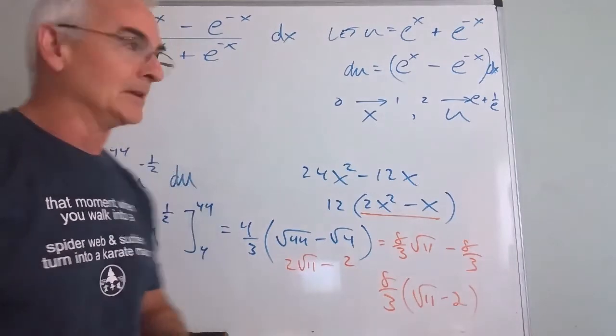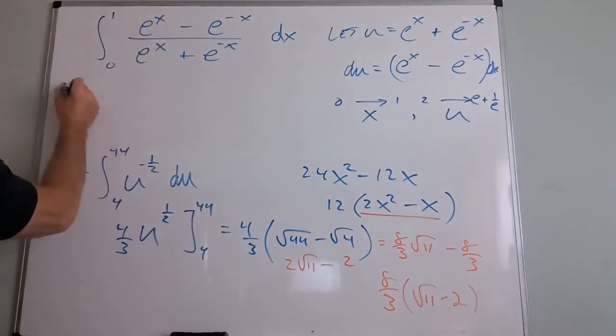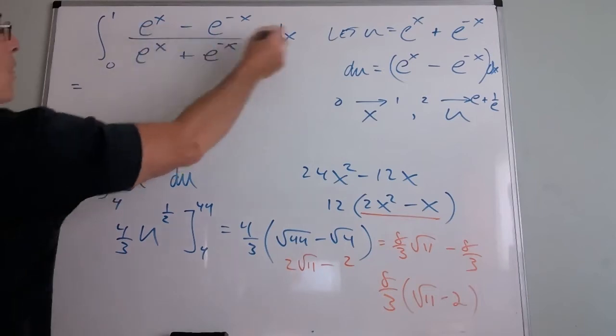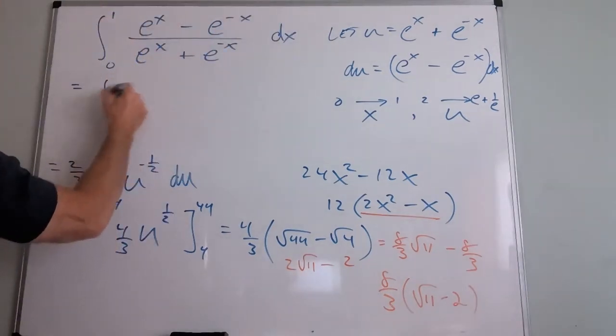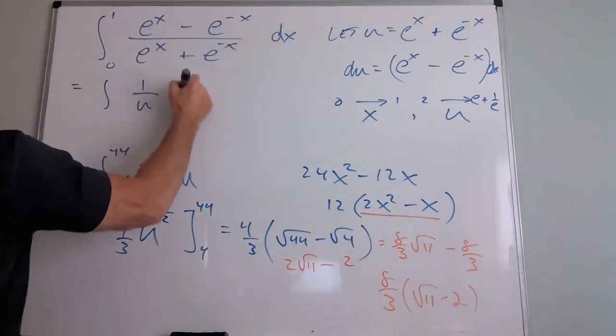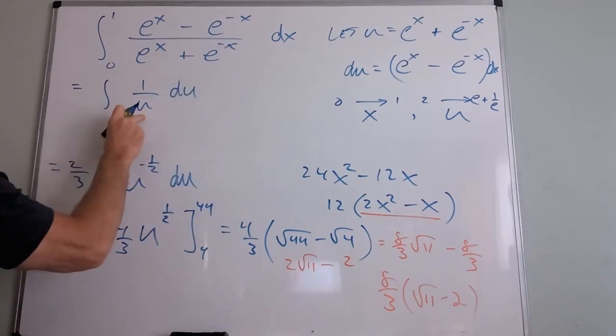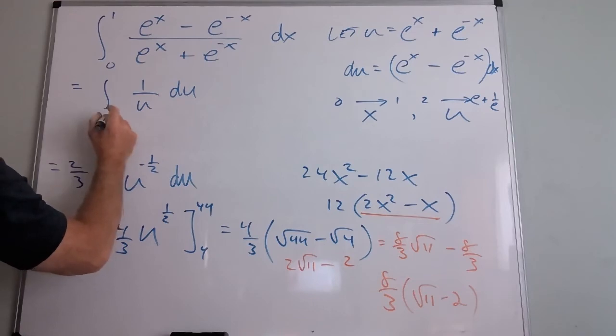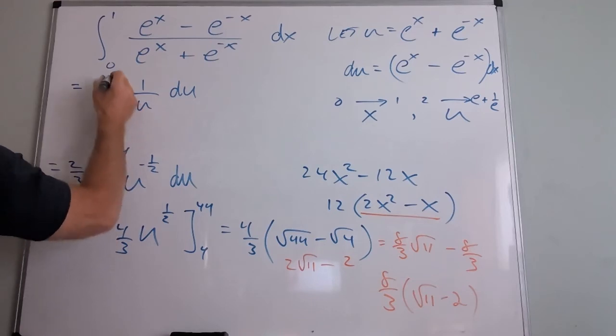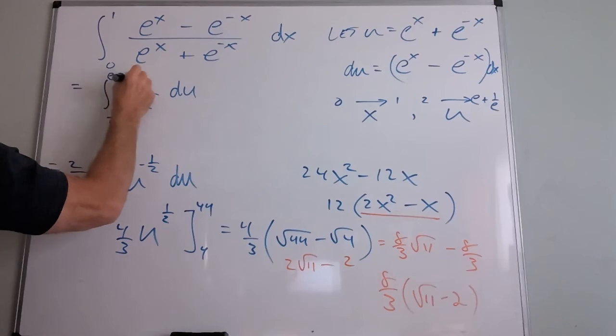It doesn't really matter. But now when I do that, this is already perfect, du on top. So this is 1 over u du. I love this. That's one of my favorite integrations. Hard to mess that one up. And I'm going from lower limit 2 to upper limit e plus 1 over e.